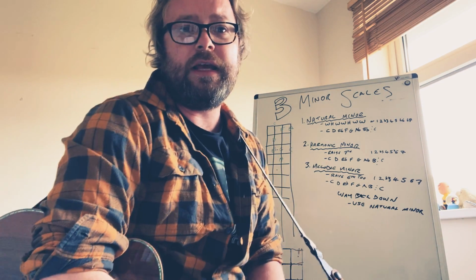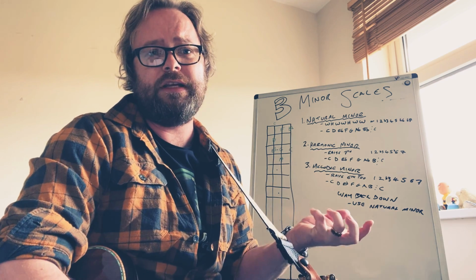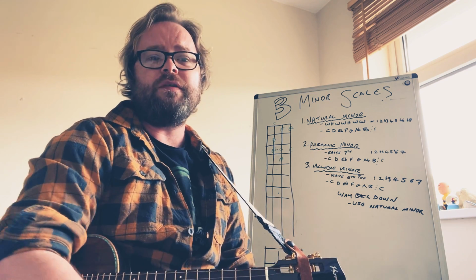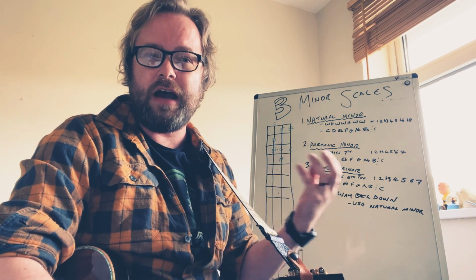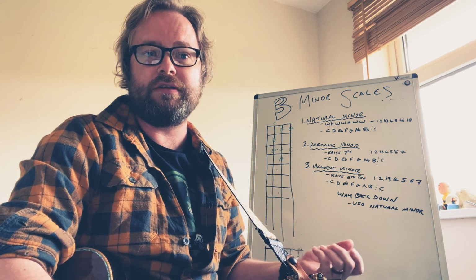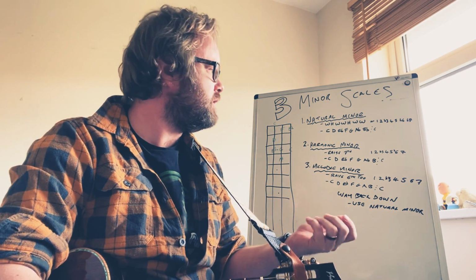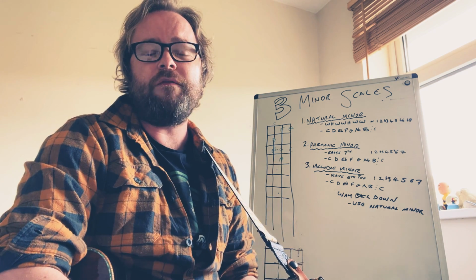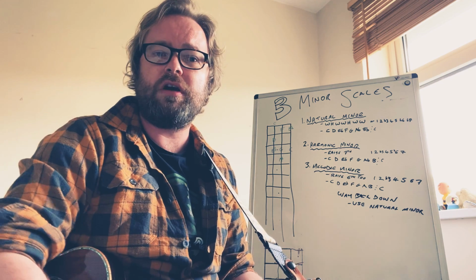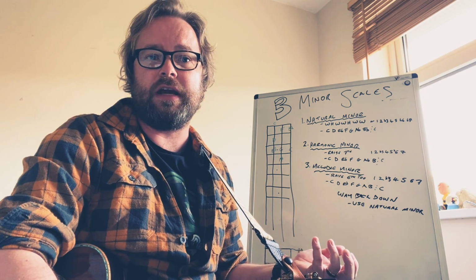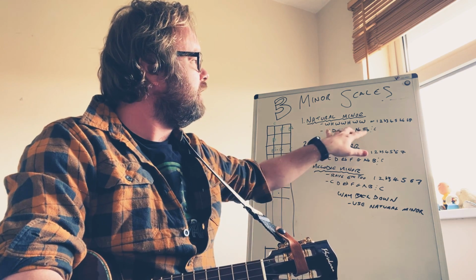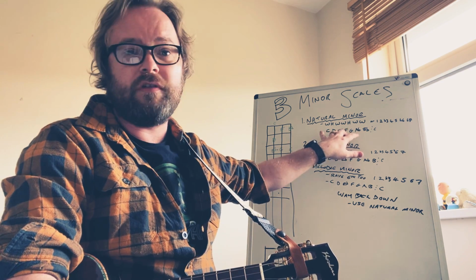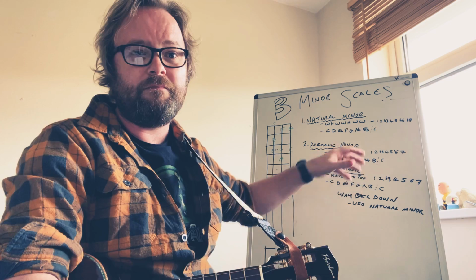Now, just an important little aside before I go. You might be thinking, well, why do I need to know these scales? For me, the most important thing in terms of learning scales, we looked at how they help you to learn the fretboard and understand how songs work, and that's really important. But the other thing is they help you to understand pieces of music and where they're likely to go. So if you analyse a piece of music and they seem to be using the natural minor, and how do we know?